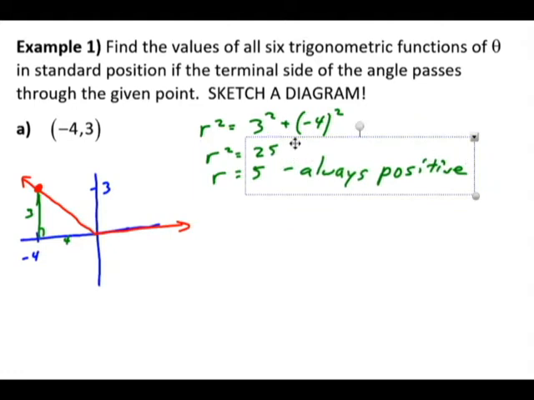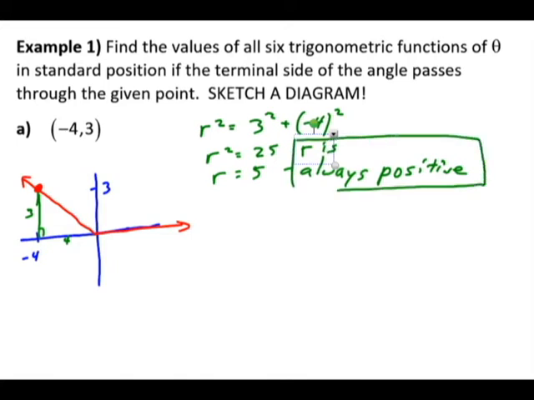It's important to note that while x and y are coordinates and they can be negative, r is a distance. R is always positive. So we're going to take the positive root of 25, so 5. It's very handy at this point to write down your x, your y, and your r collected in one place. Y is 3, x is negative 4. And now, when we find the trig functions, we can refer to this block.